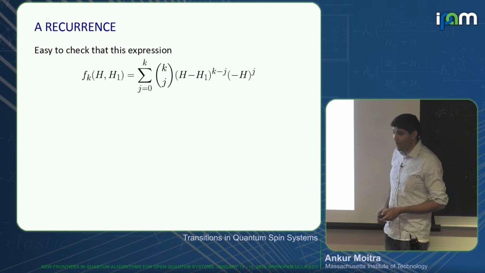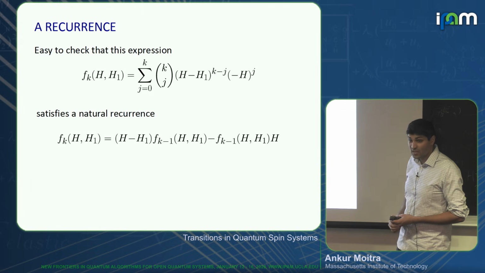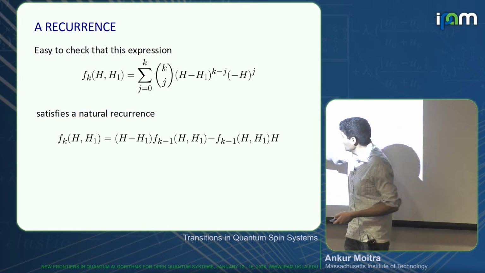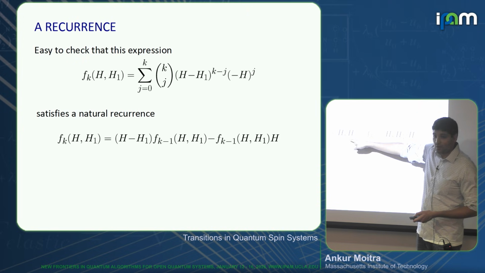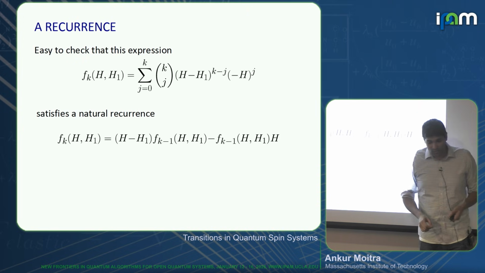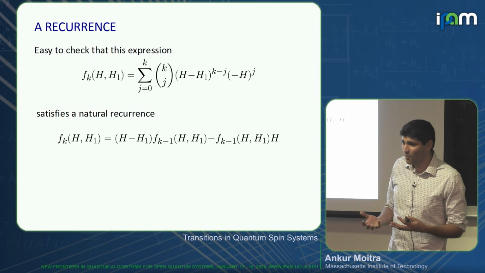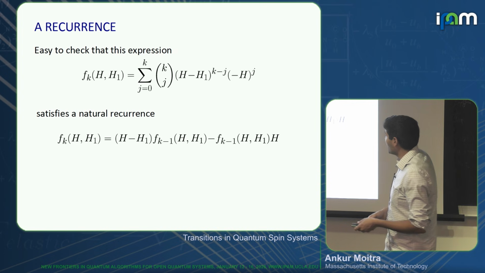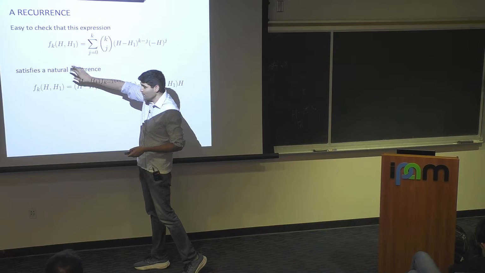And now the really fun part comes in, which is I claim that these FKs actually satisfy a very nice recurrence, that you can express FK in terms of FK minus 1s. So in fact, the way to think about this is that if you ignore the non-commutativity, this is like the kind of binomial identity that you ask undergrads to prove in discrete math, because it's all about some sort of binomial expansion.